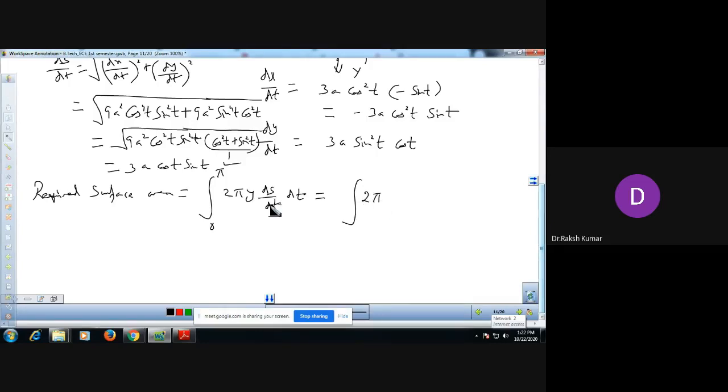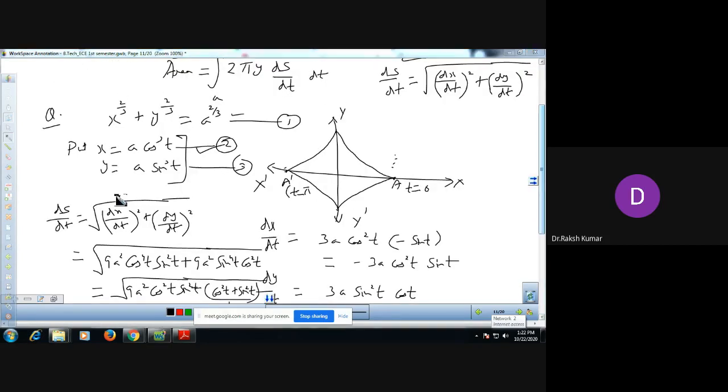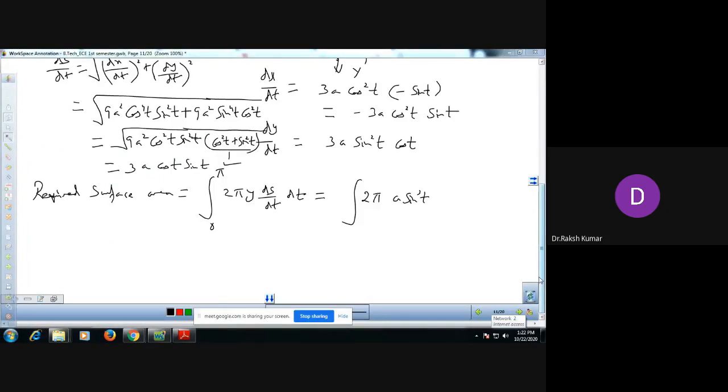2 pi, the value of y can be substituted here, and the value of y is a sine cube t. You can check from the parametric equation number 3. The value of y is a sine cube t, and the value of ds over dt is this.